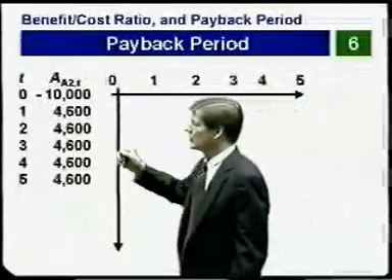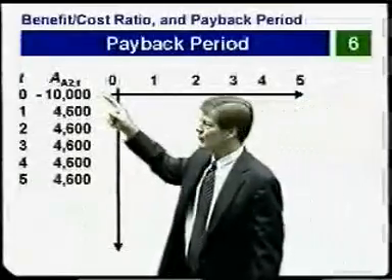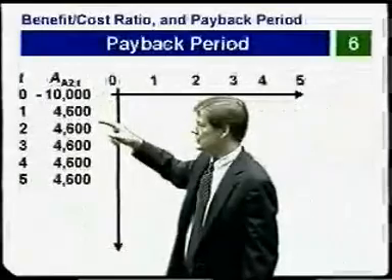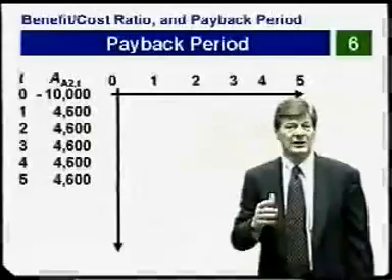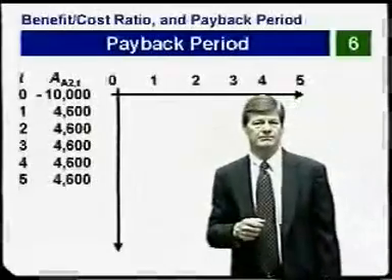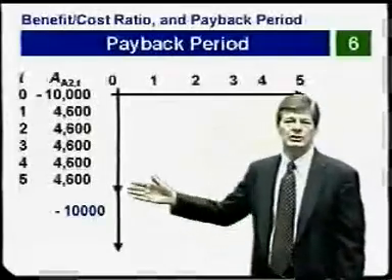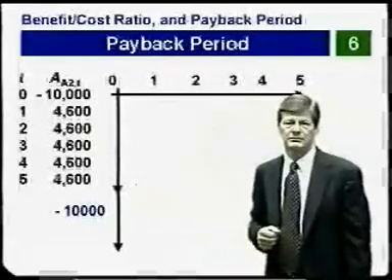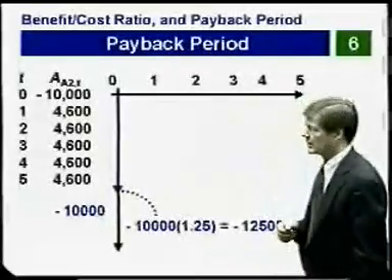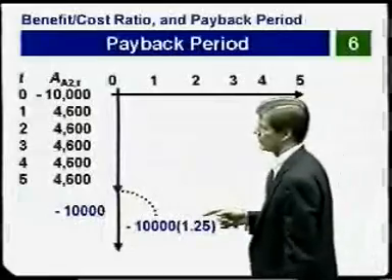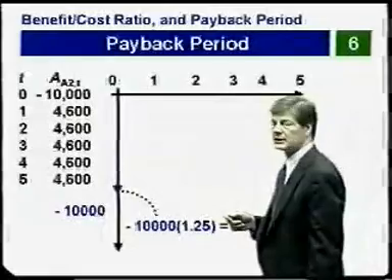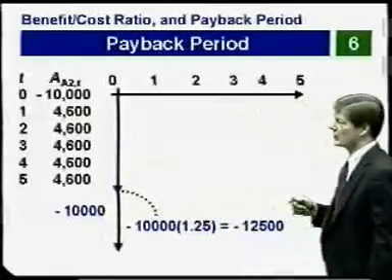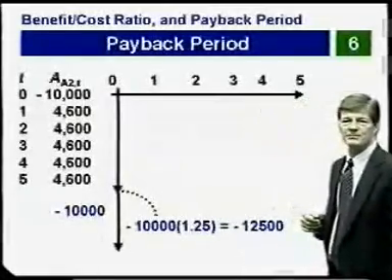Let's assume we have an opportunity in which we can invest $10,000, for which we'll receive revenues of $4,600 each year for the next 5 years. Let's calculate its payback period. Well, I begin with an initial investment of $10,000. Assuming that I'm going to have a minimum attractive rate of return of 25% per year, as I had in the previous problem, that will grow to $12,500.